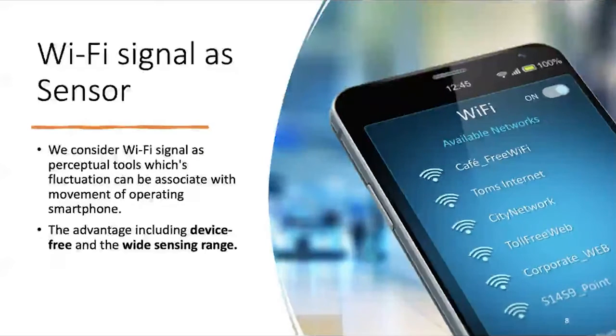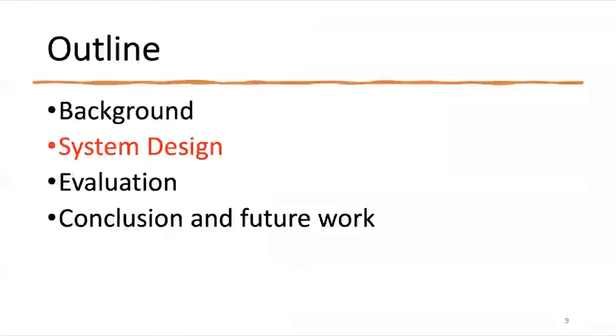And the advantages are also obvious, including that it is device-free, and because the Wi-Fi signal has a wide transmission range, we can get a wide sensing range. So the next part is the system design.